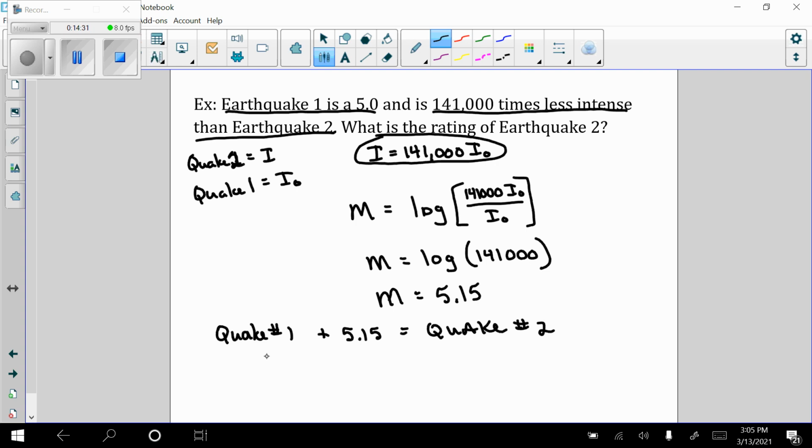So quake number 1 was 5. So that's going to be a 10.15 rating. If you go back to the chart that we looked at yesterday, that's a pretty strong earthquake. Lots of damage is going to happen with that one.